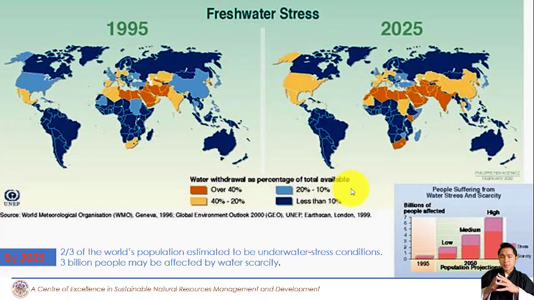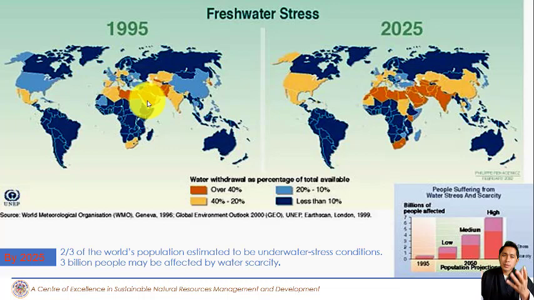In around 1995, if you look at the amount of water being withdrawn from the surface, or from the groundwater or from other resources, only a few countries were having a withdrawal rate of more than 40%. So these dark oranges are basically those countries which had water withdrawal rates of more than 40% of the water in their country.